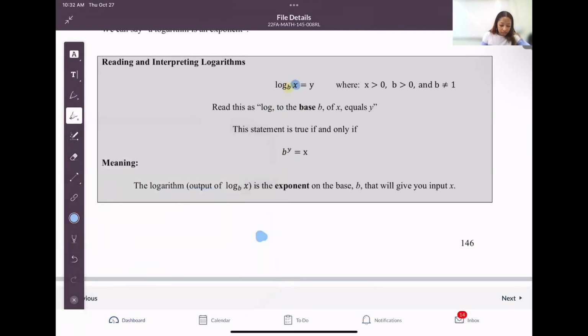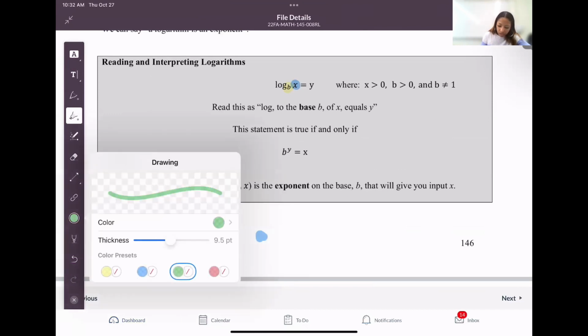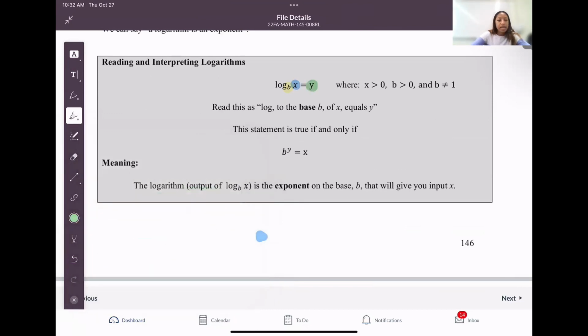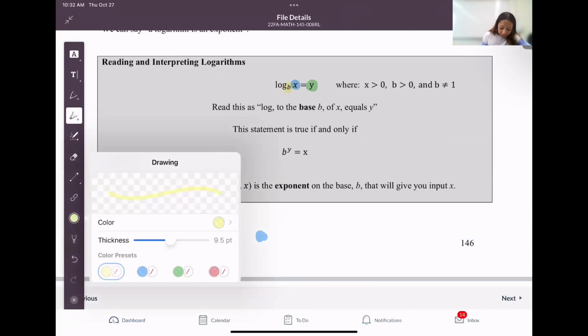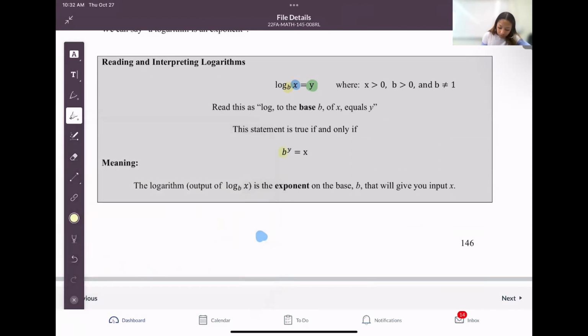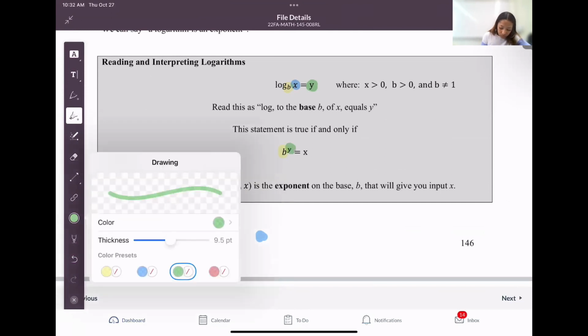And the question is, well, what power do I raise it to? What power do I raise b to get x? That's y. Okay. So this is log base b of x equals y. That means b to the y power equals x.